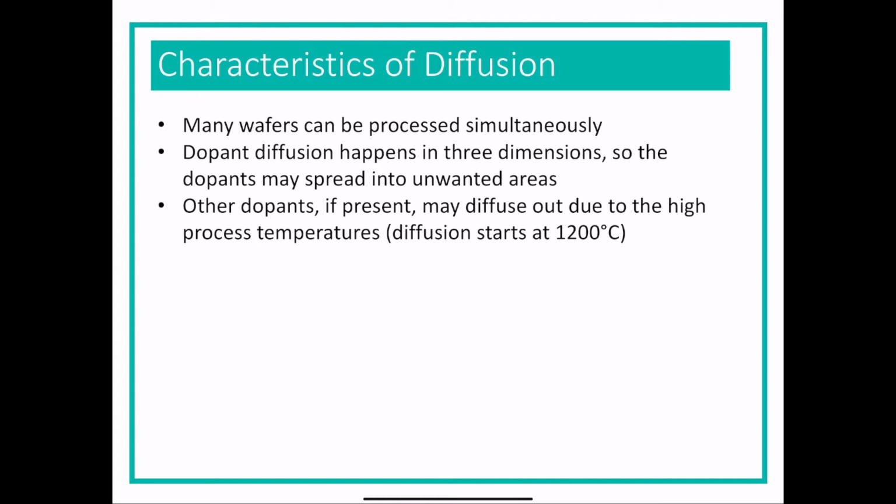That makes the final extrinsic material possible. So the heating at the end is necessary, but that can cause issues depending on what you want. You can have dopants that you wanted to keep and they diffuse out because you have a high temperature. So advantages and disadvantages.